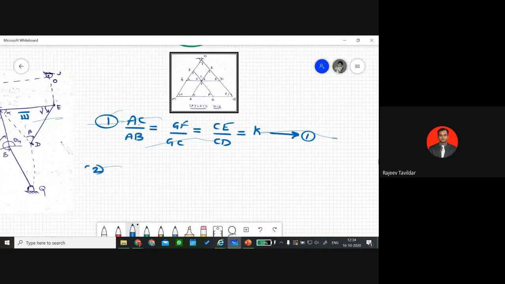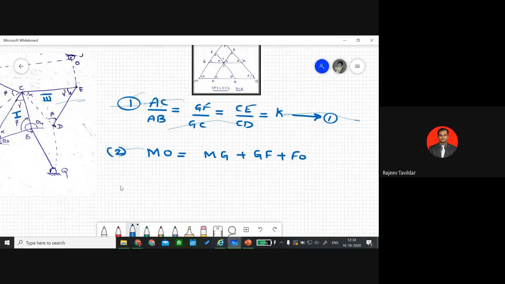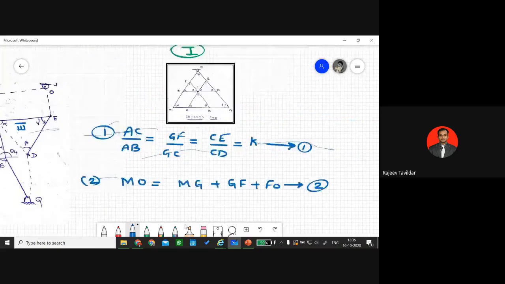So the second step, I'm going to write it as MO should be equal to MG plus GF plus FO. This is our equation number 2. Now I just need to convert all of MG, GF and FO. Let us see how best we can convert that.